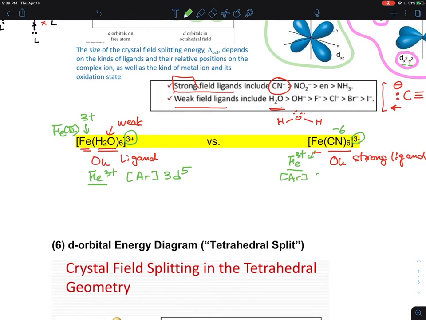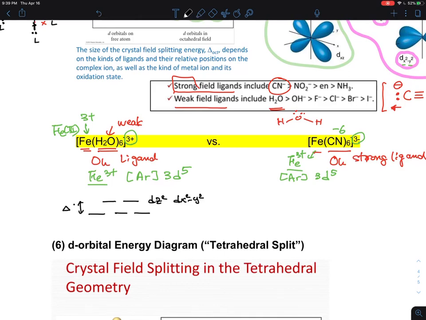You have 5 d orbital electrons to fill up, but the case is different for each one of them, because when you have a weak ligand, I know that the higher energy is going to be dz square and dx square minus y square, because they are on the axis in the octahedral geometry, and the ones at the bottom are xy, yz, and xz, and this is an energy split.